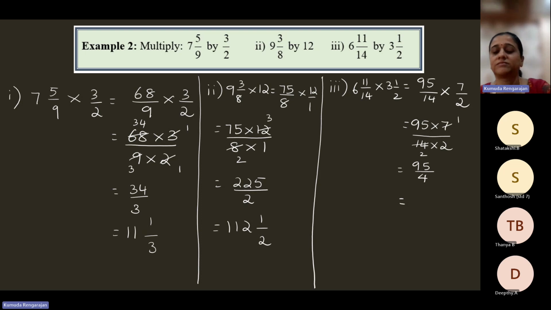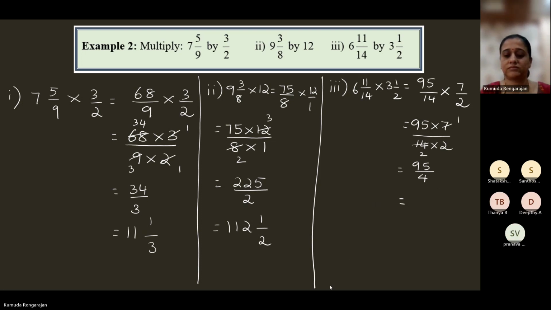What's the final answer? What is 95 by 4 as a mixed fraction? Did we get 95 by 4, children? Ma'am, now only I got the 95 by 4. I made a mistake in multiplication.